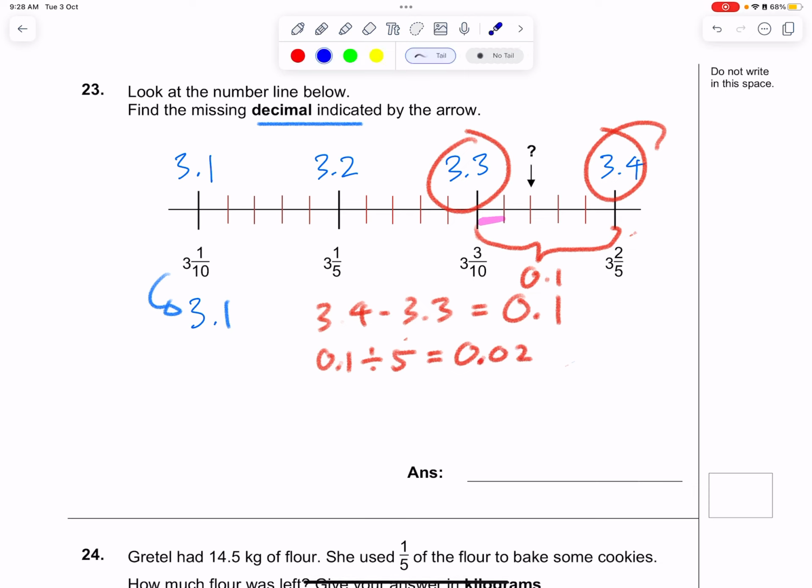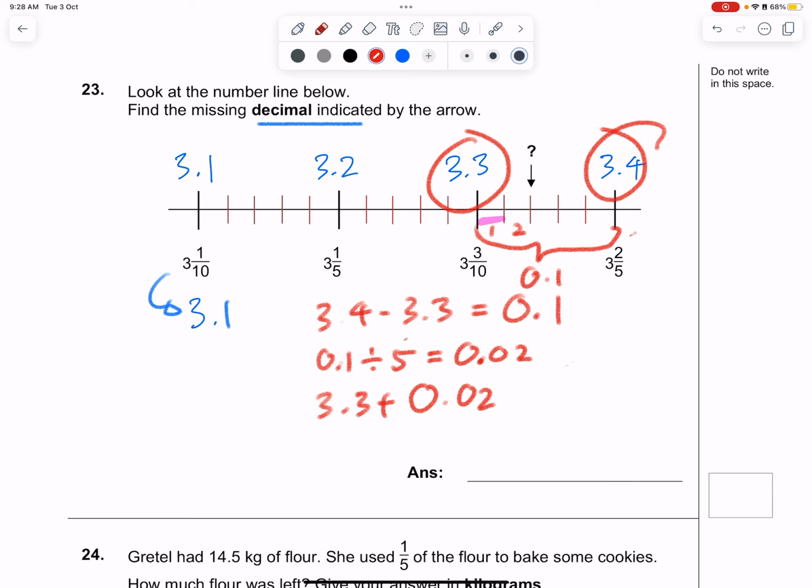So then we need to add the 0.02 to 3.3 because it's over here, right? There are two intervals here, first interval and second interval. So you need to take 3.3 plus 0.02. This one is the first interval.